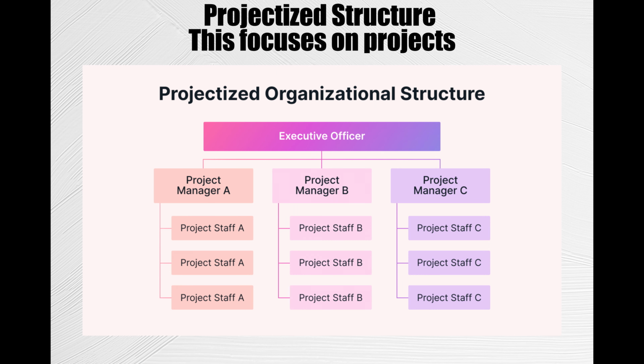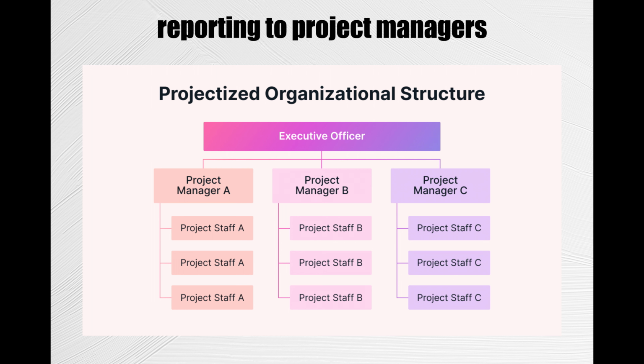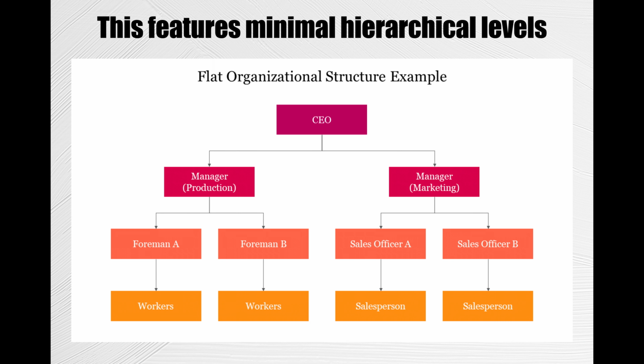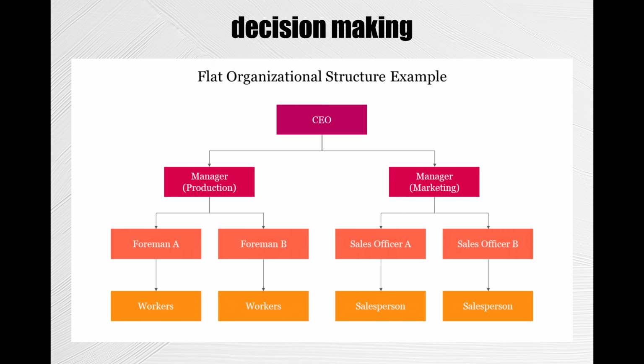Projectized structure. This focuses on projects, with teams dedicated to specific projects and reporting to project managers. Flat structure. This features minimal hierarchical levels, promoting direct communication and collaborative decision making.